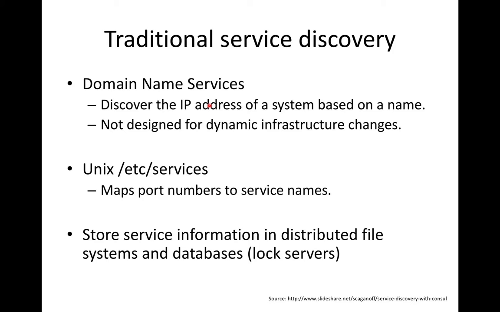And then finally, a traditional method for storing service information was to store that information in some sort of distributed file system or database. And oftentimes we would call these lock servers.